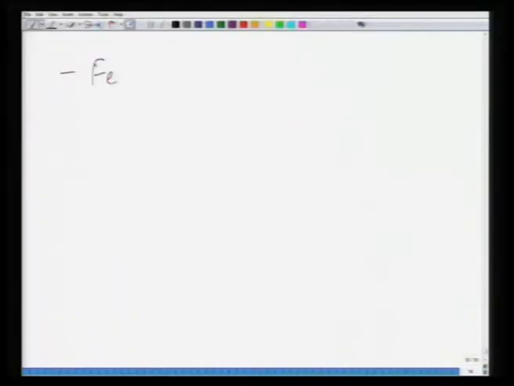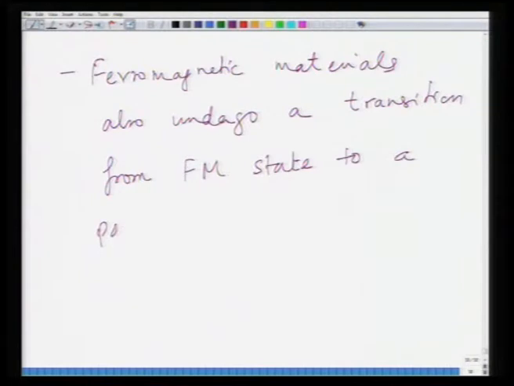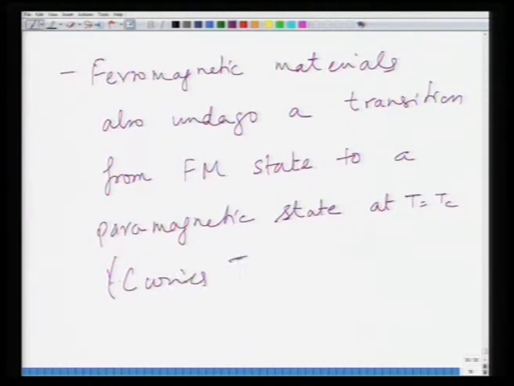So, ferromagnetic materials also undergo a transition from a ferromagnetic state to a paramagnetic state, or you can say a non-magnetic state, because paramagnetic is non-magnetic in the absence of an applied field, at a temperature T equal to Tc, and this is called the Curie temperature.